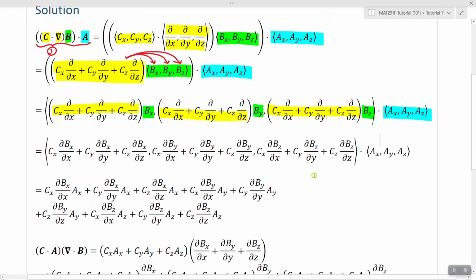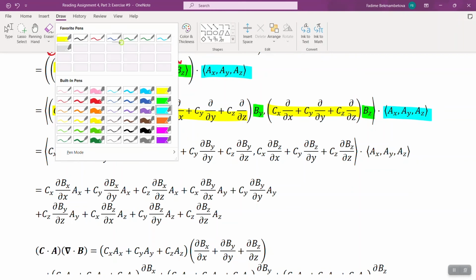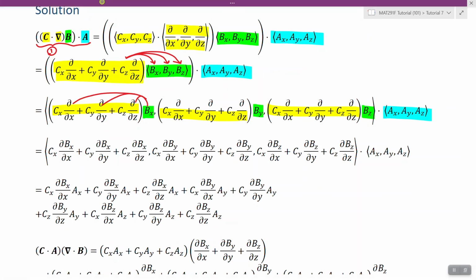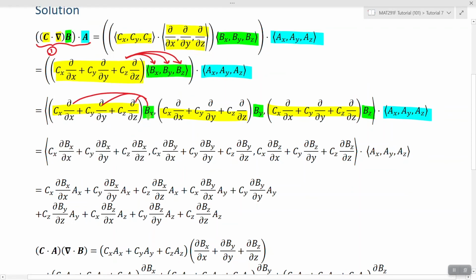Next, I've expanded out each of the components of the vector on the left-hand side. So you see like this, and like this. And then you can see that the bx ends up over here, and over here.